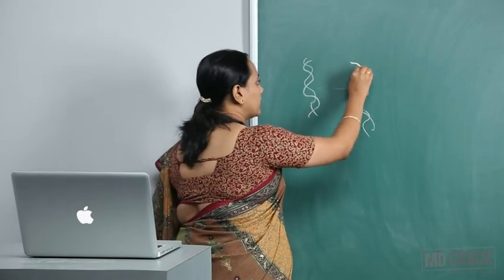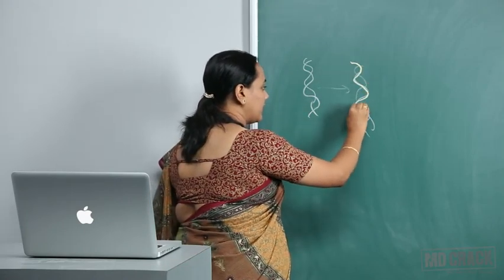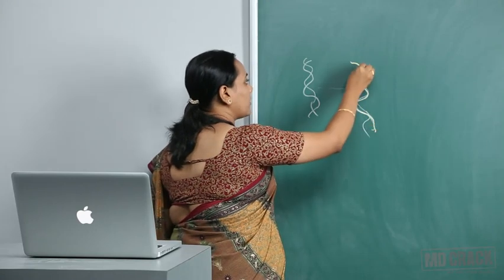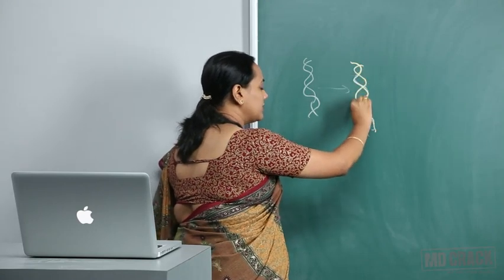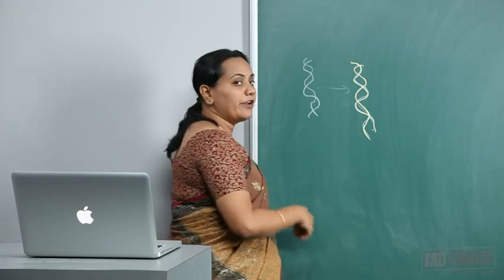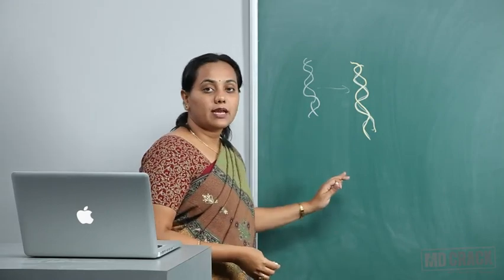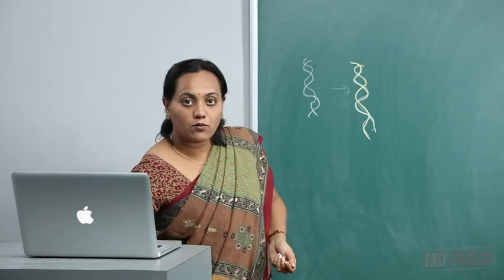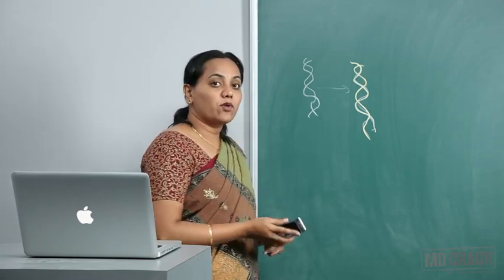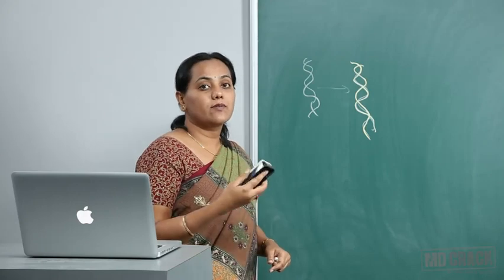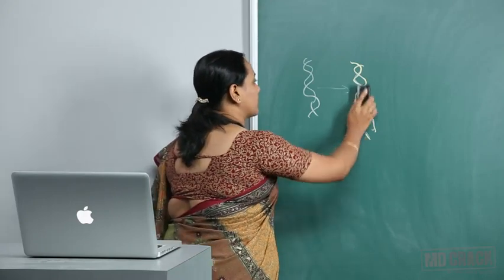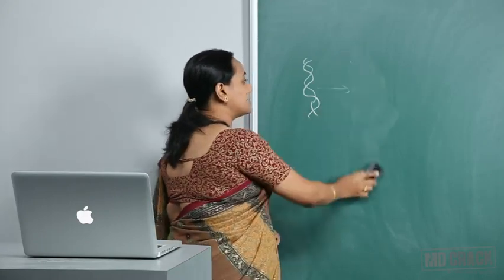So if I show the new in a different color, if both the daughter strands had newly synthesized DNA, it could have been a different type of model. But this also doesn't happen in our body. In our body, what happens? We have what is called semi-conservative DNA replication. What do I mean by semi-conservative?